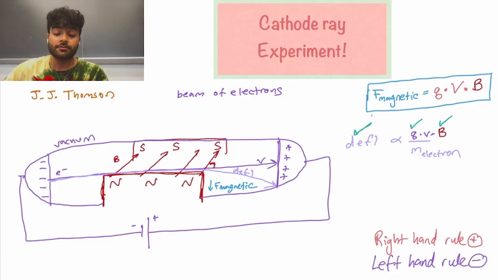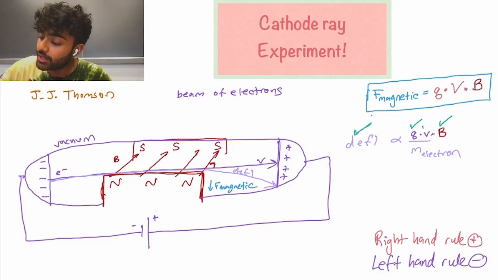Now, the way Thomson figured out velocity, as well as the proportionality constant involved, is by setting up a weaker electric field as well as the magnetic field. We've ignored that in our diagram, and the only important thing really to know for our purposes is that the velocity then was known. And so out of our 5 variables, we were able to know 4 of them.